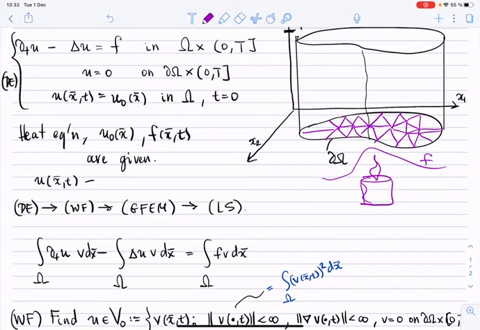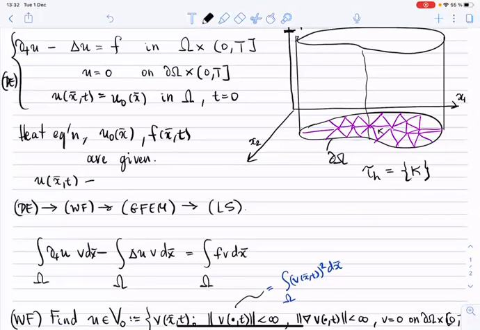And we say that the triangulation is the set of all K's, all the triangles, and the set of all these K's constitutes our triangulation.